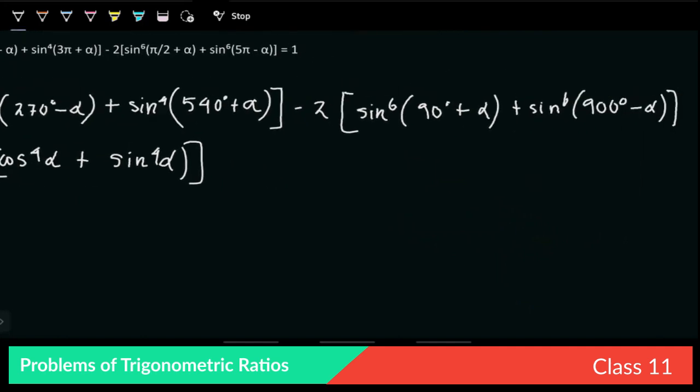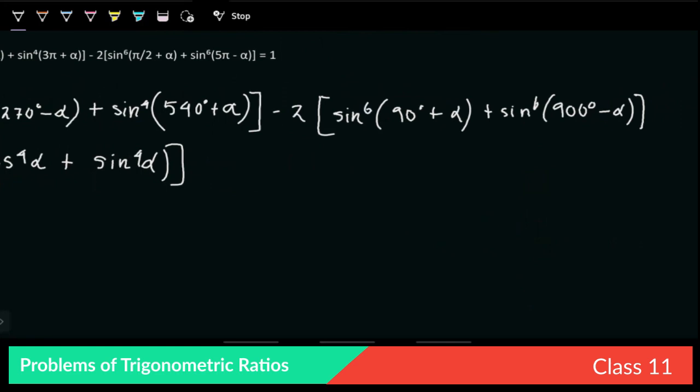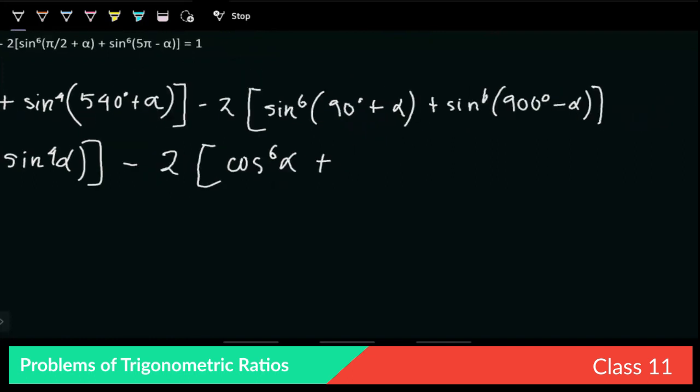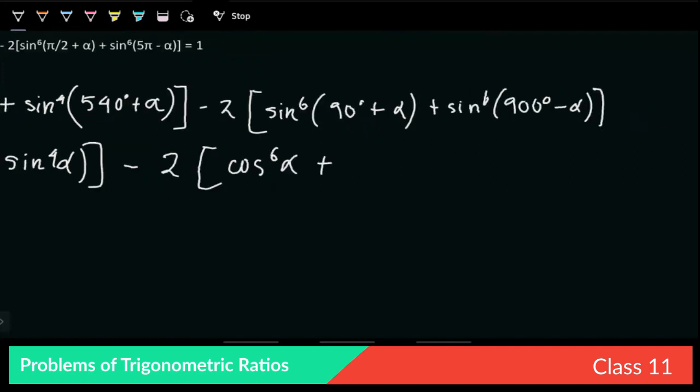Now we come to the second portion, that is this. What is given? It is given 2 into sine to the power 6 of (90 plus alpha). So what is sine of 90 plus alpha? Sine of 90 plus alpha, we know that it is cos alpha. So we can write here cos to the power 6 alpha plus sine to the power 6 of (900 minus alpha).